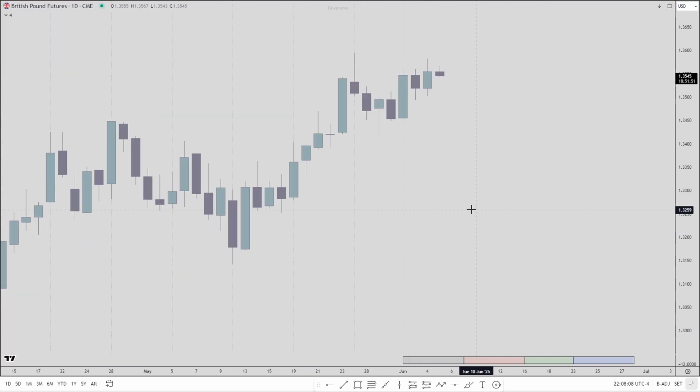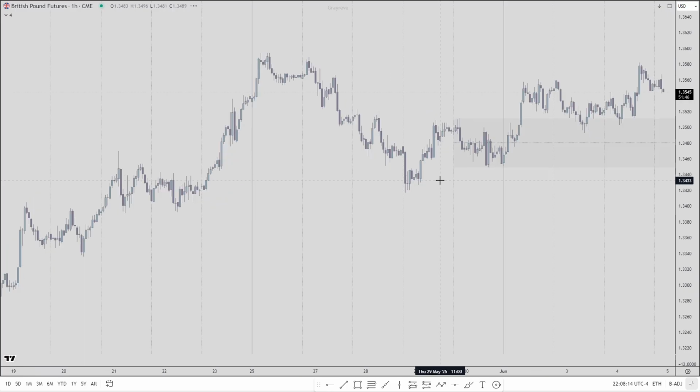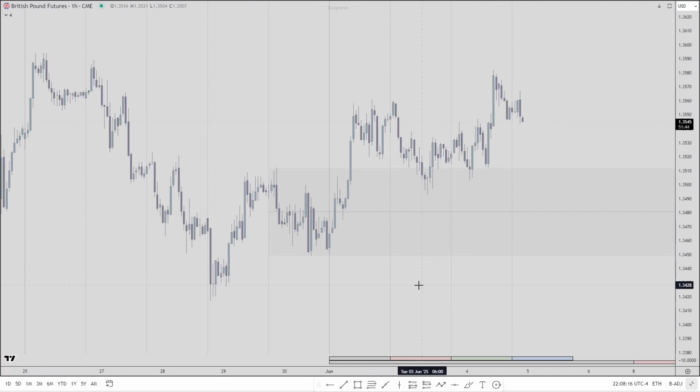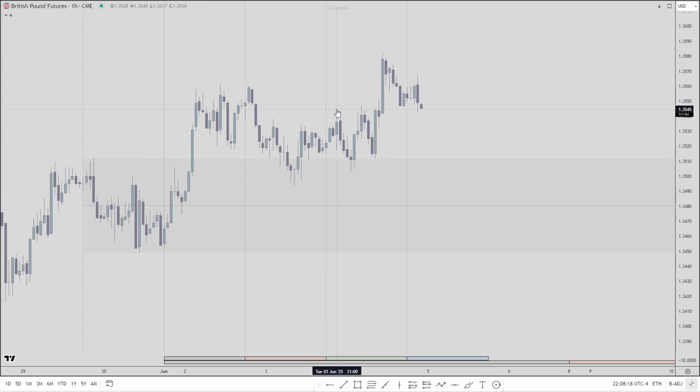yesterday we have traded into this bullish down close candle on the 1 hour time frame. You can see that this retracement here was yesterday, and then we traded higher, closing above this continuation, closing above this series of down close candles.